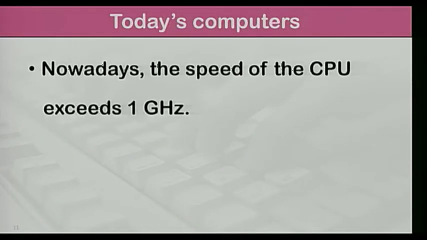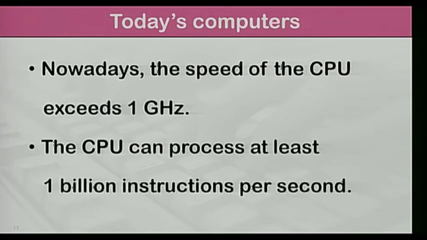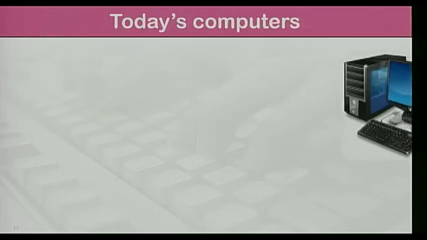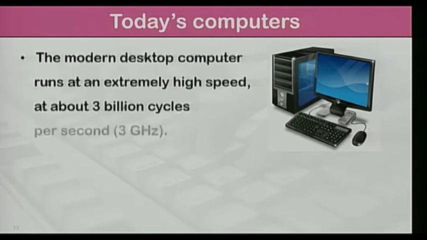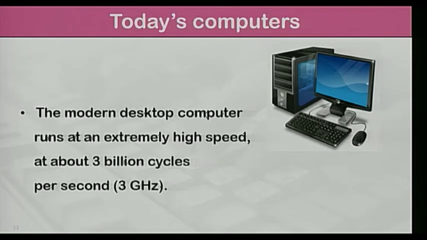Nowadays, the speed of the CPU exceeds 1 gigahertz. Therefore, the CPU can process at least 1 billion instructions per second, which is very fast. The modern desktop computer runs at a speed of about 3 billion cycles per second.